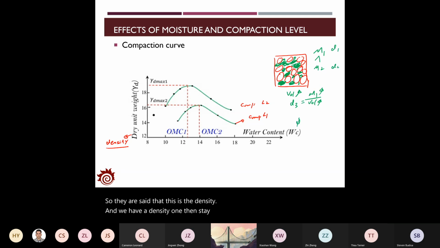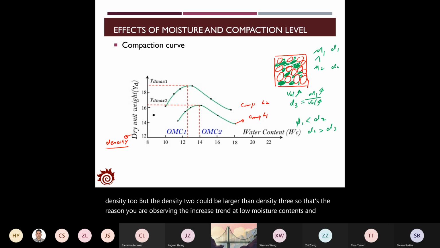So we have density 1 smaller than density 2, but density 2 could be larger than density 3. So that's the reason you observe the increasing trend at the low moisture contents and the decreasing trend at the high water contents.